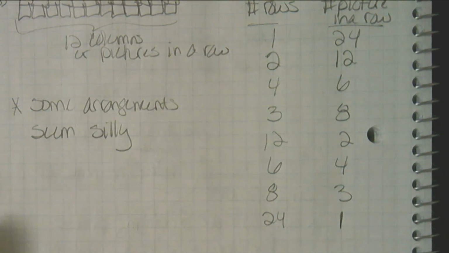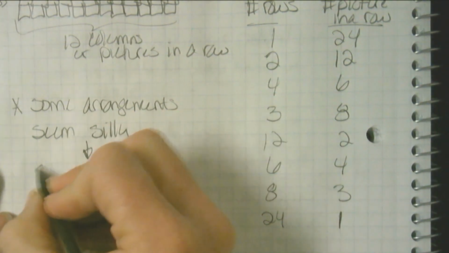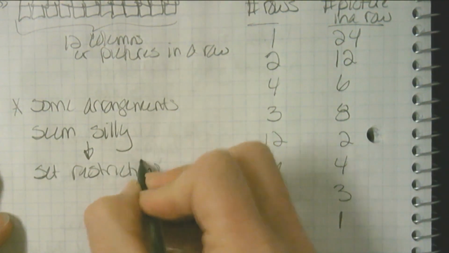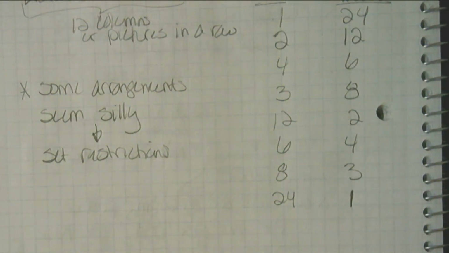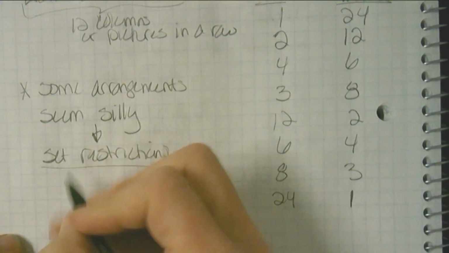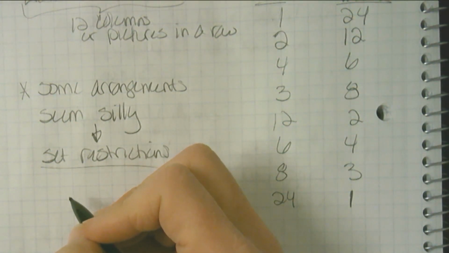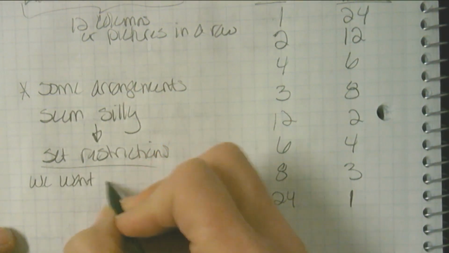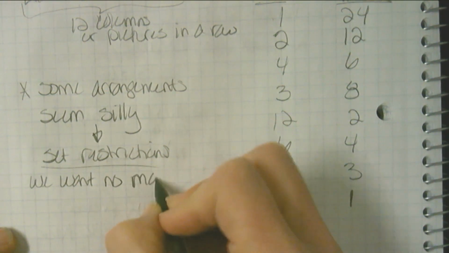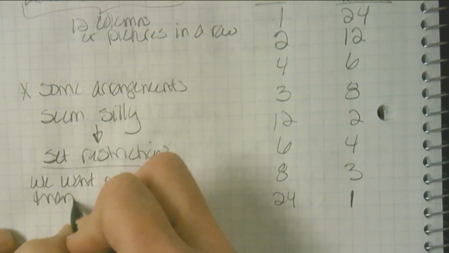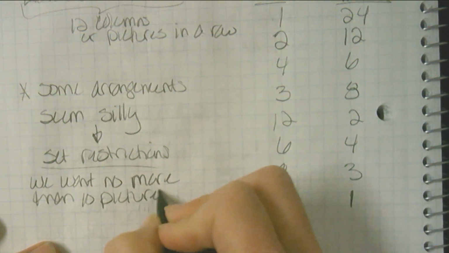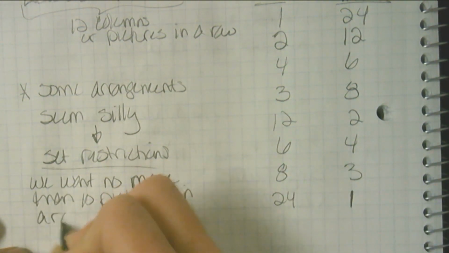All right, so what we may do is set restrictions. And these are something that the problem may give you. So let's say the restriction that is set is we want no more than 10 pictures in a row.